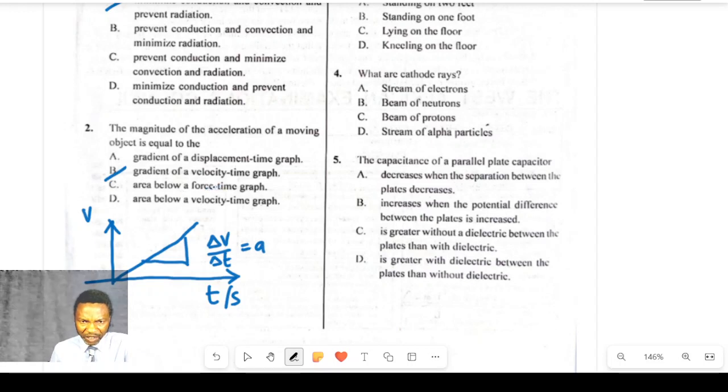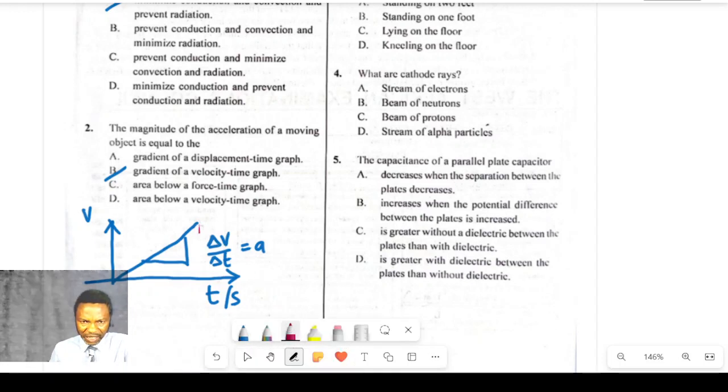The area below the velocity time graph will give you the distance. So if you want to find the distance traveled in a velocity time graph, let's look at this.